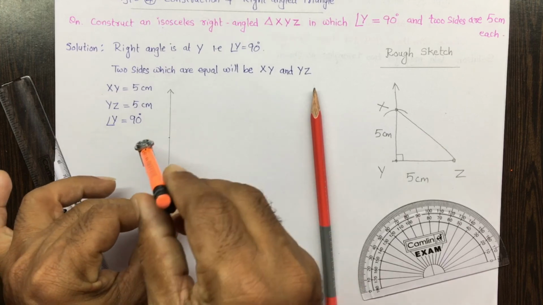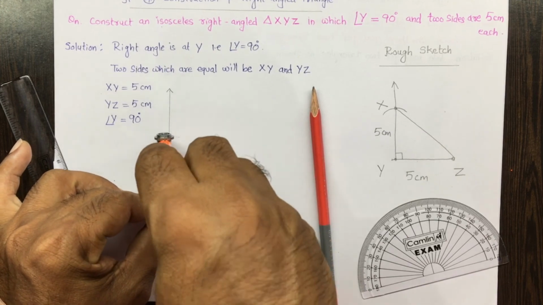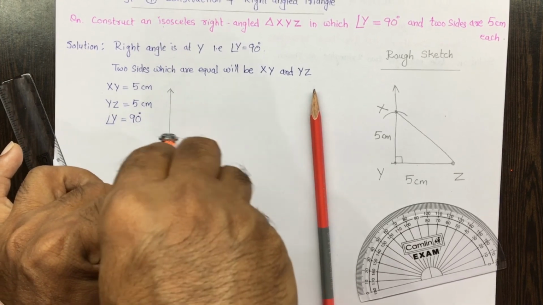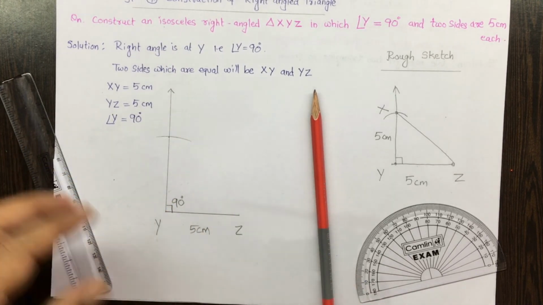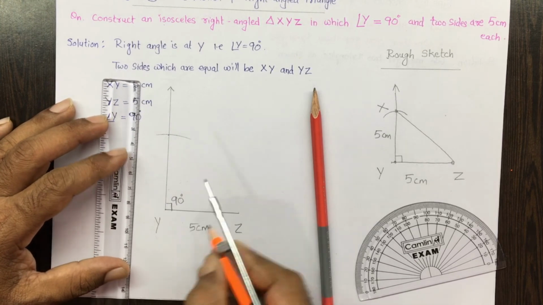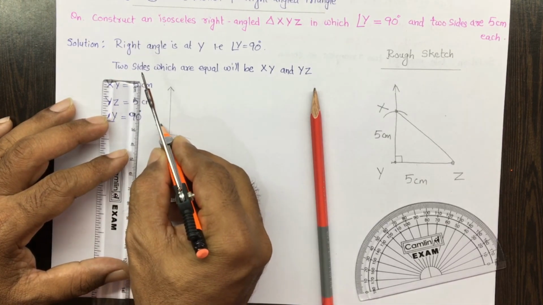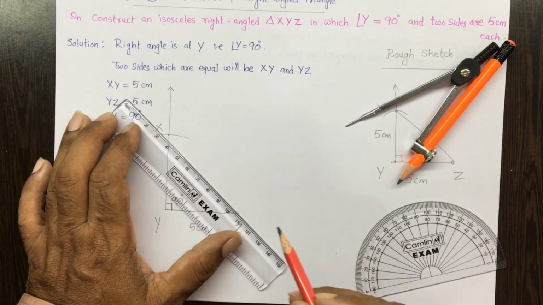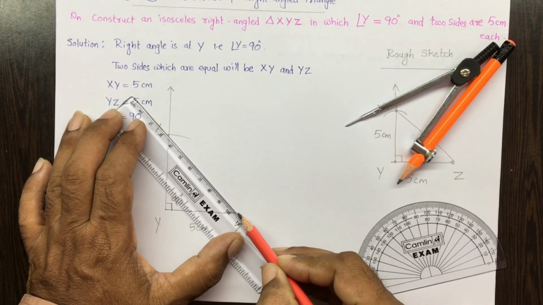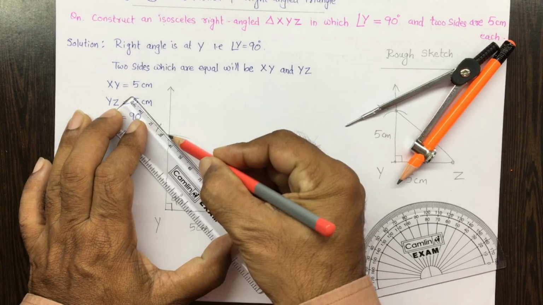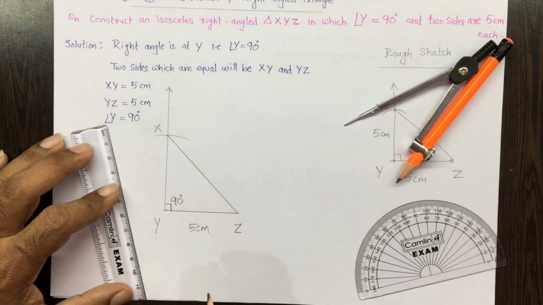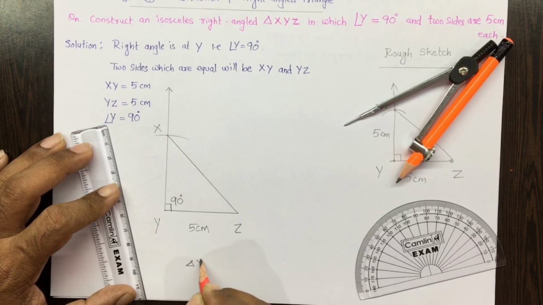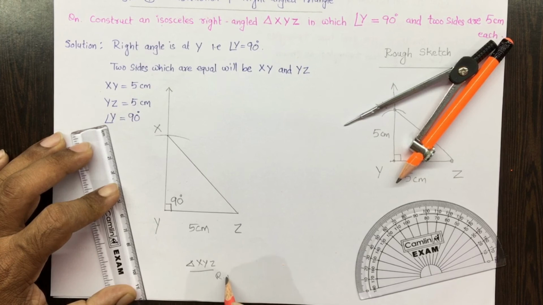You need to draw an arc, so that it must cut the ray. Let us say this is X. Now, join up X and Z. So, this is a triangle XYZ, a right angled isosceles triangle.